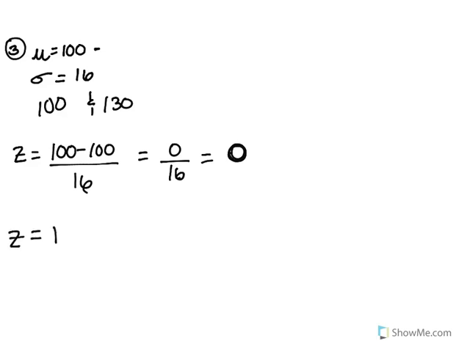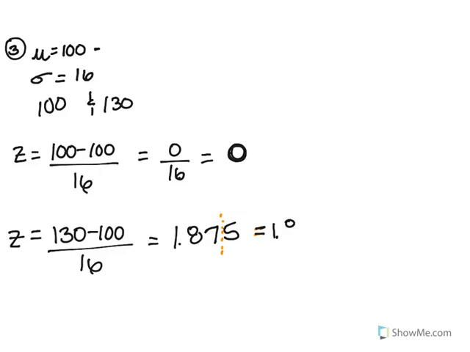And so we're going to convert 130. We get 30 divided by 16, which gives 1.875. And again, we're doing 2 decimals, so that would be 1.88. The 5 makes the 7 round to an 8. So these are our two z-scores.